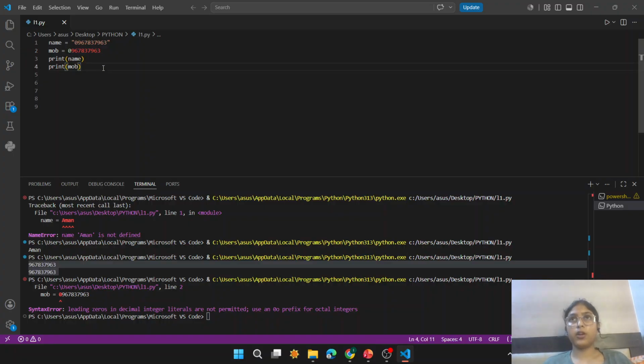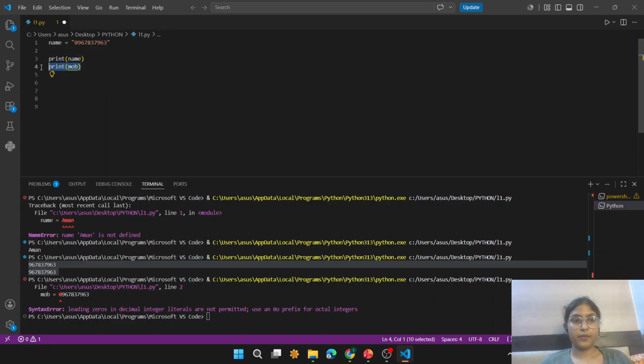If any number has a leading zero, the first place being a zero, Python will throw an error. That's why if we want to print a number of a person that has a leading zero, we can use a string, because it will not throw an error in terms of string.